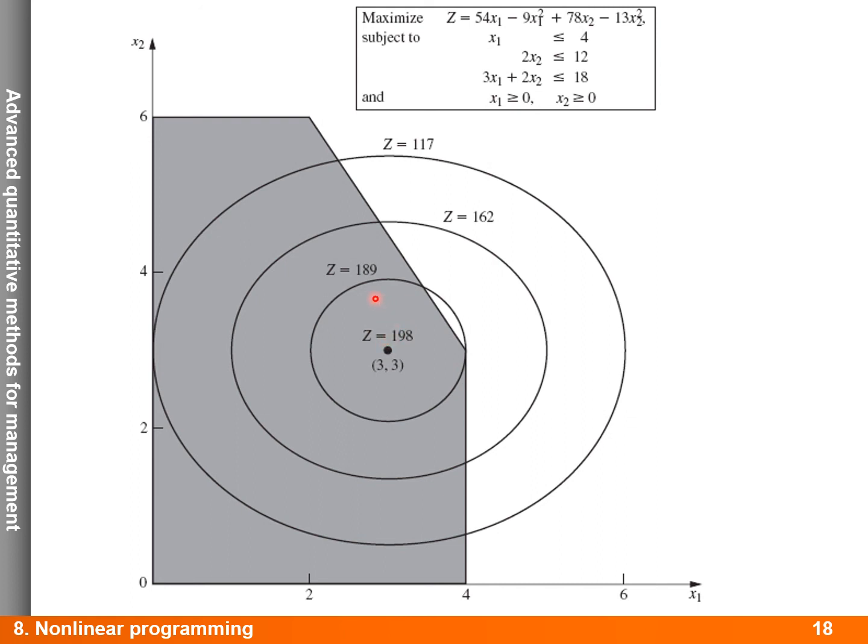In comparison with this one, it's bigger. So in this nonlinear programming problem, our optimal point is located inside our feasible region.